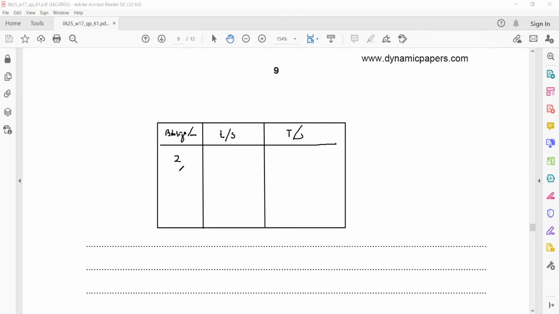Bob size we know, like we were having 2, 3, 4, 5. We did not measure time, so even writing the bob size is not important. The important thing is what table you will draw to show your result.